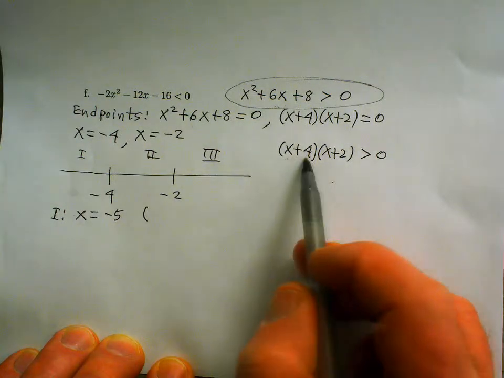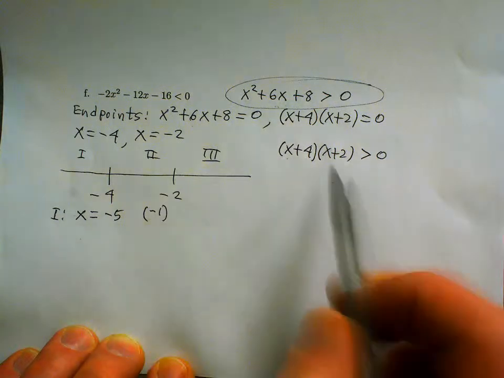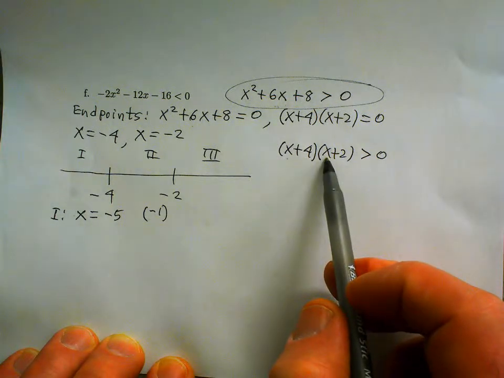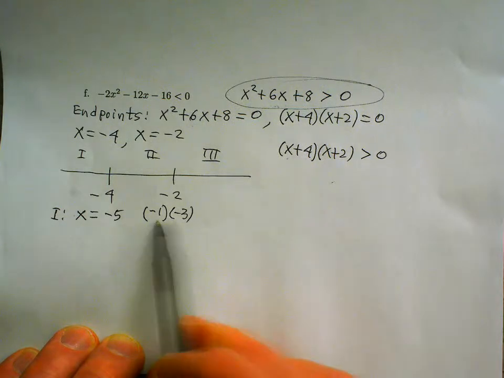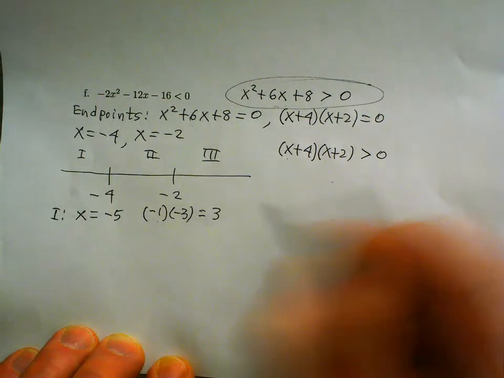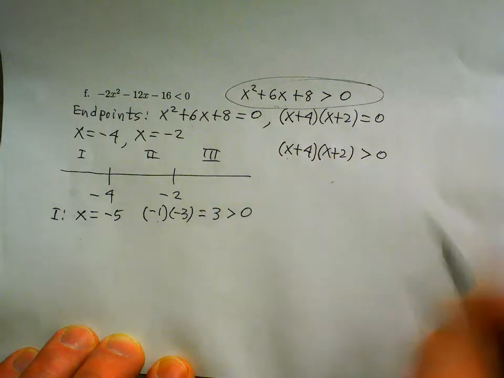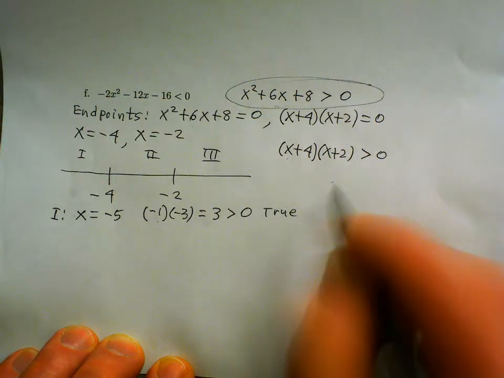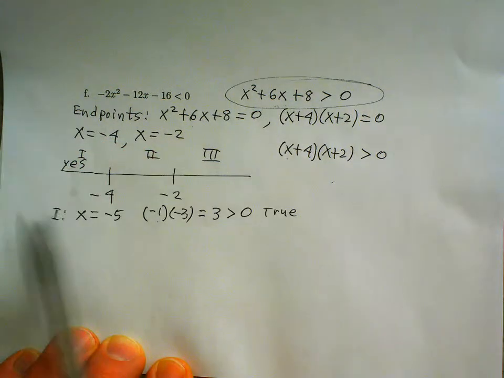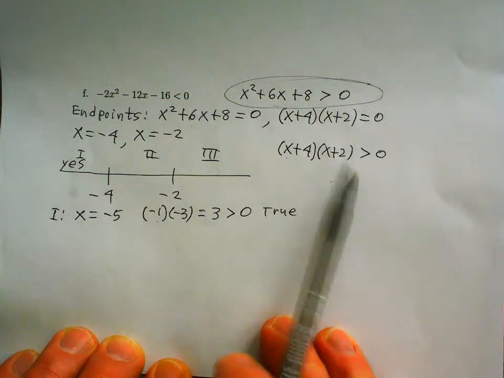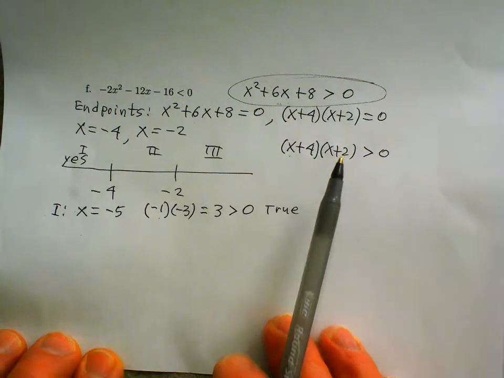Negative 5 plus 4 is negative 1. In the other factor, negative 5 plus 2 is negative 3. Negative 1 times negative 3 is 3. The inequality greater than 0 is true. So all of the numbers in the interval from negative infinity to negative 4 are solutions.